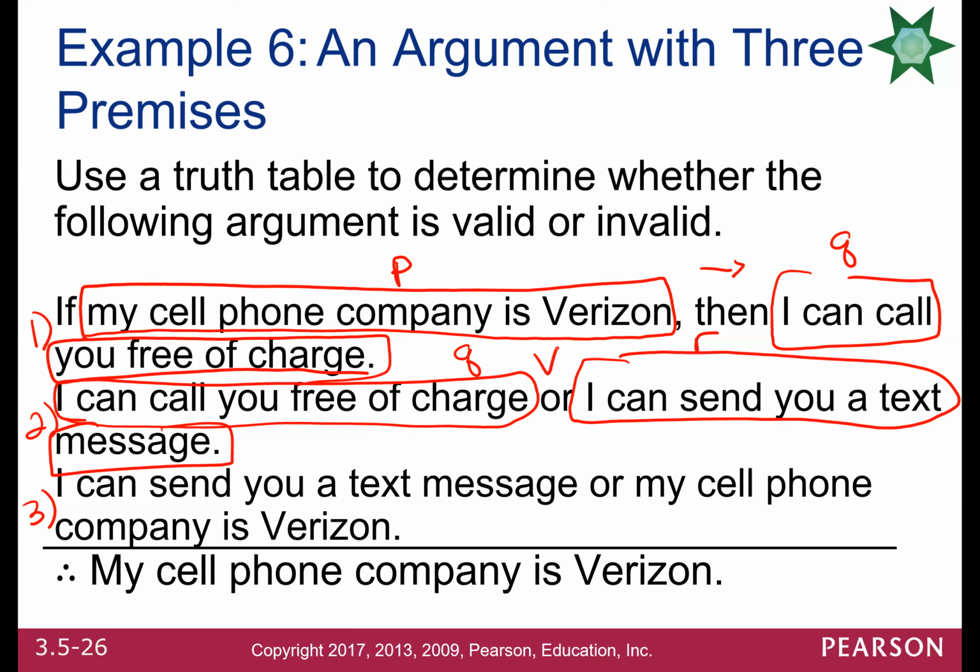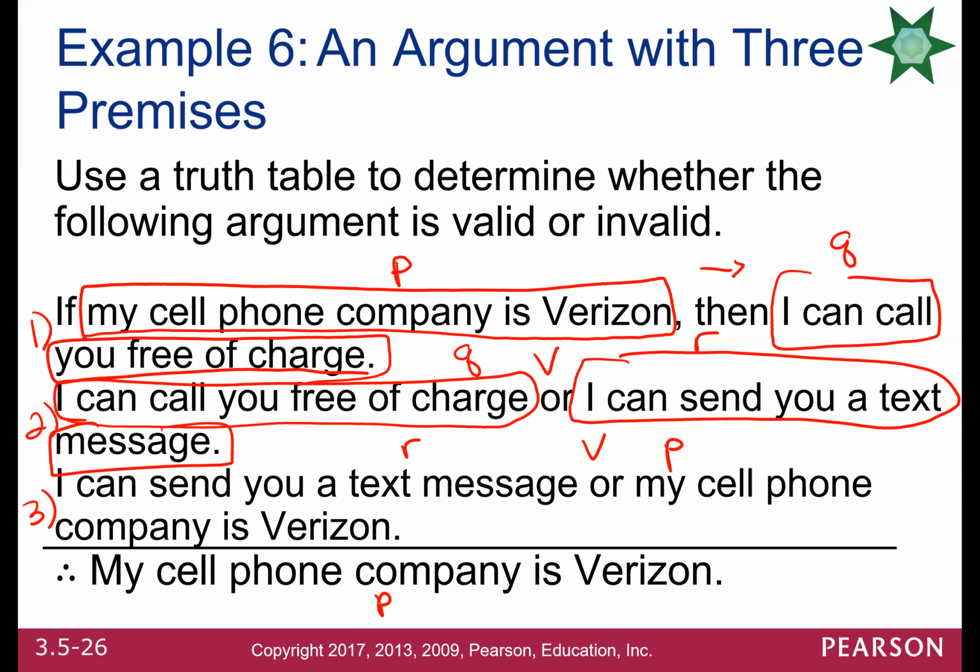I can send you a text message. Okay, that is R, or disjunction, my cell phone company is Verizon. So that is P. And my conclusion is my cell phone company is Verizon. So that's going to be P.